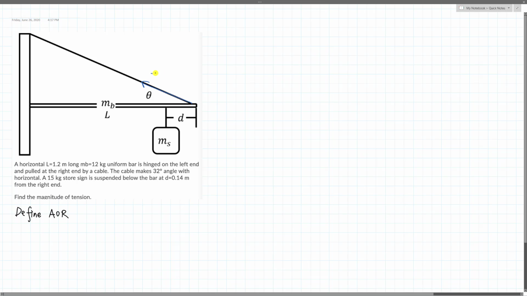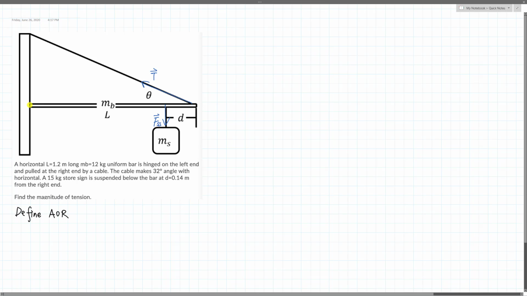So we have here tension, and this is the forces on the bar. So here the store sign is pulling down. Right, so there's the force of the store sign. The store sign is here.